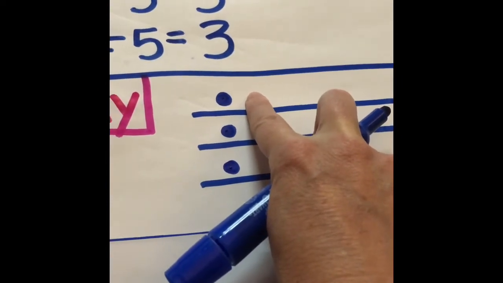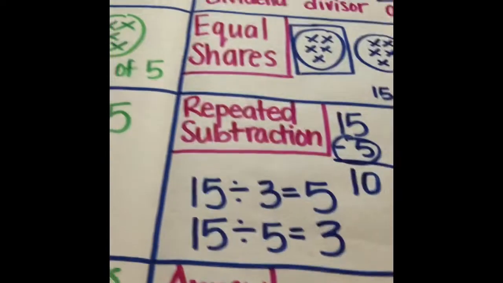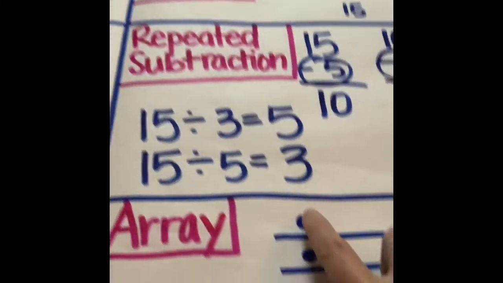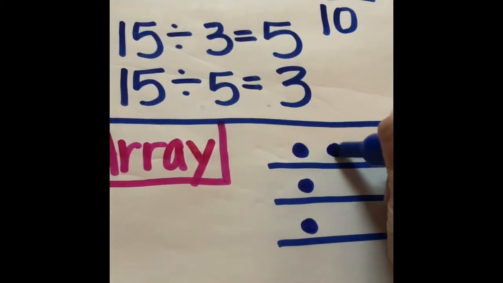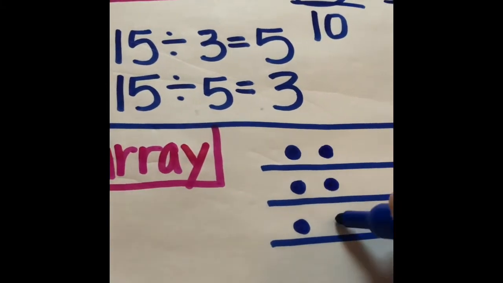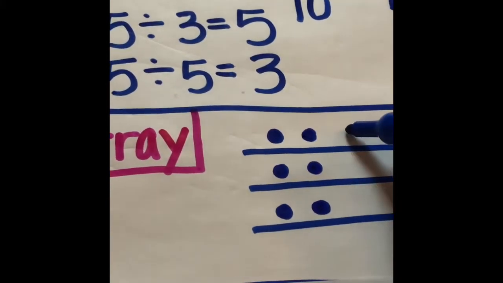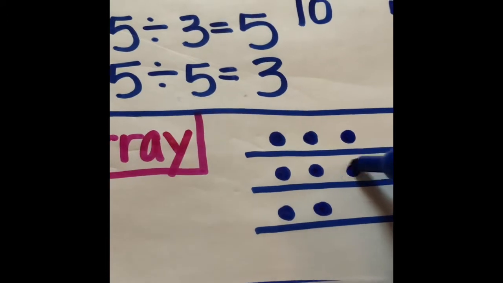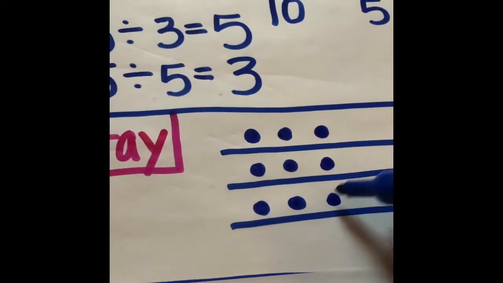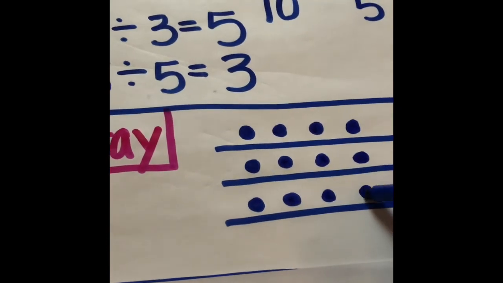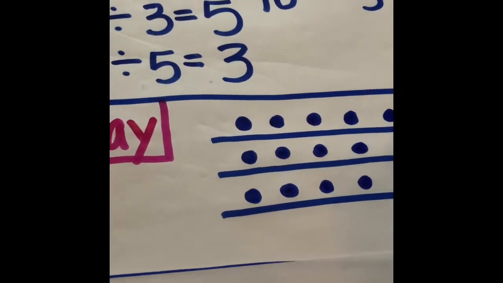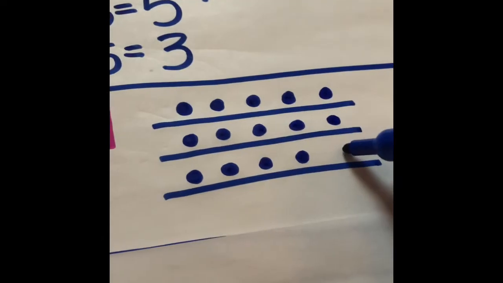And remember, I'm counting out loud because I know that I'm counting to that dividend 15. So I'm at 1, 2, 3, 4, 5, 6, 7, 8, 9, 10, 11, 12, 13, 14, 15.